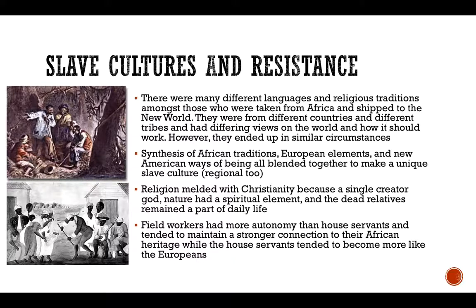Within the enslaved people's population, you have these different cultures arising out of this mixture of different African cultures being mixed with European cultures. There were many different languages and religious traditions amongst those who were taken from Africa.